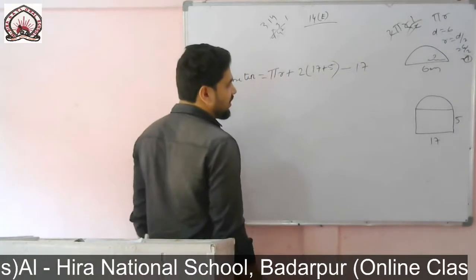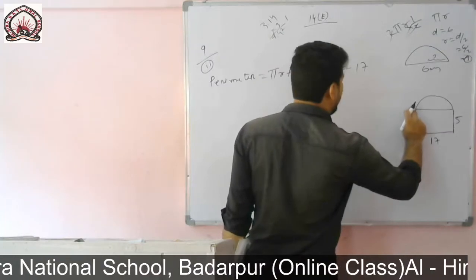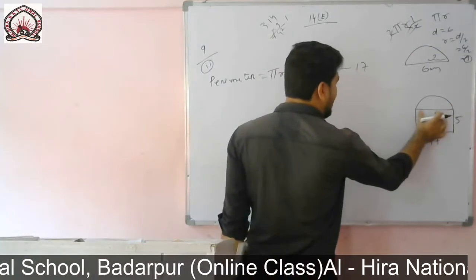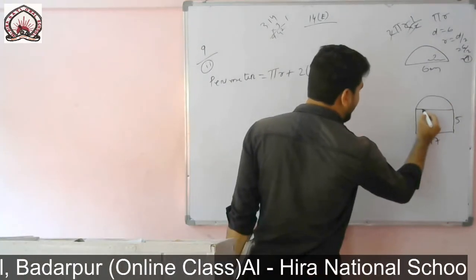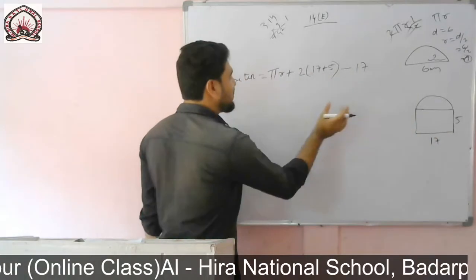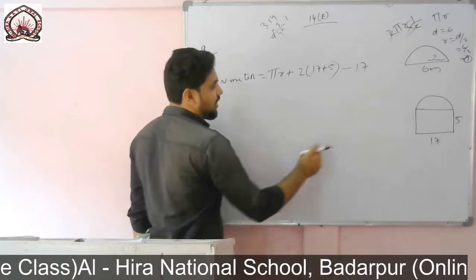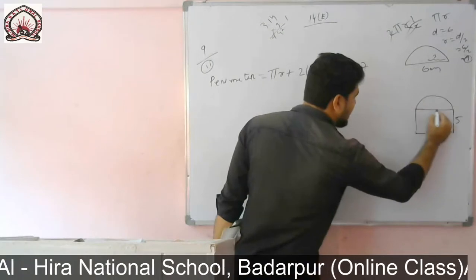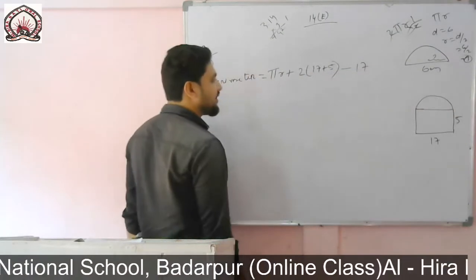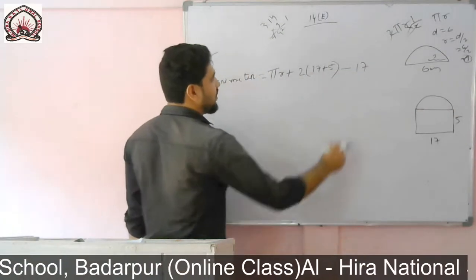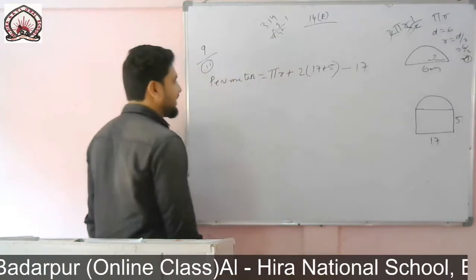Why? Because we are taking pi r as a half circle, so at that time this portion is coming. Again when we take a rectangle, this one is coming, so it is coming 2 times, so we subtracted 17 one time.